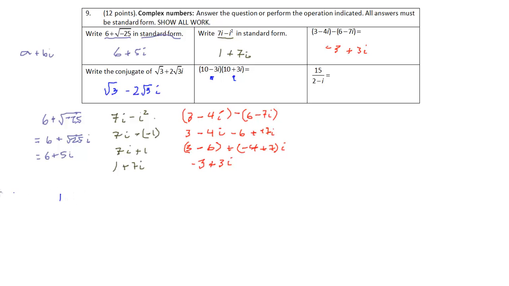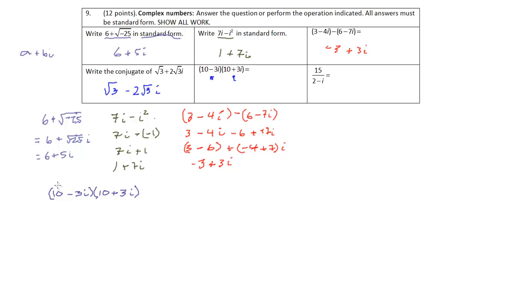So 10 minus 3i times 10 plus 3i. Multiply this like any pair of binomials.